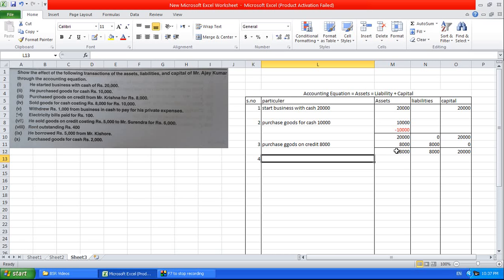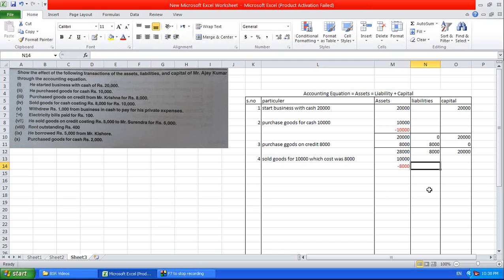We have sold goods for 10,000, which cost 8,000. Goods worth 8,000 are gone, because of the sale, and with that we have got a profit also.